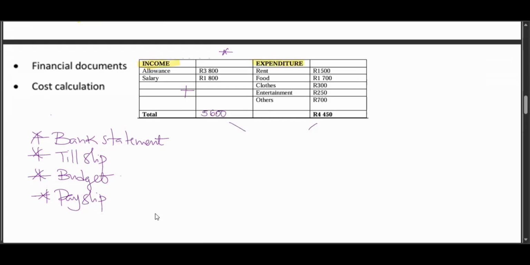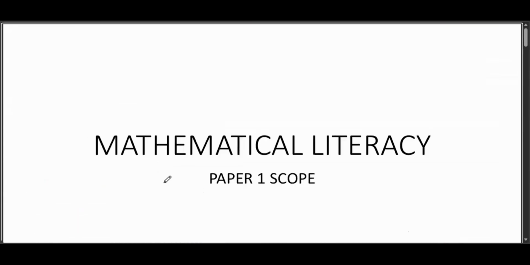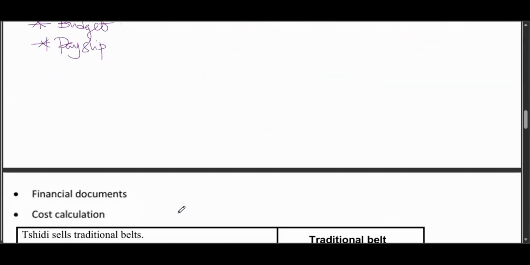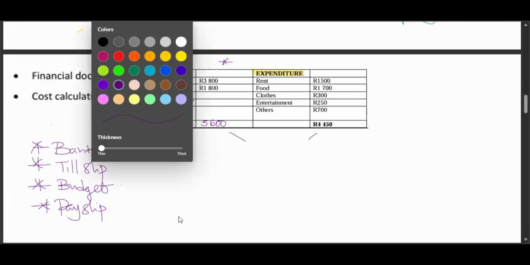When you go on and calculate, they might also ask you to do VAT. Please remember, under VAT, know what they want you to do.